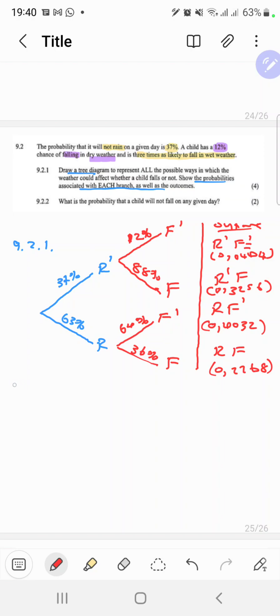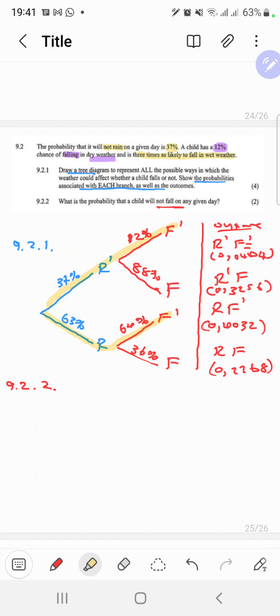And then the question says now, 9.2.2. It says now the probability that the child will not fall on any day. Okay, that means both rainy and not rainy day. So let's see the part that says not fall. It is this part here, and then this is this part as well.